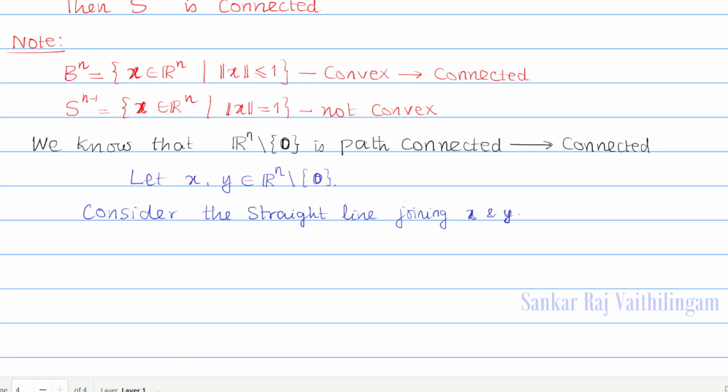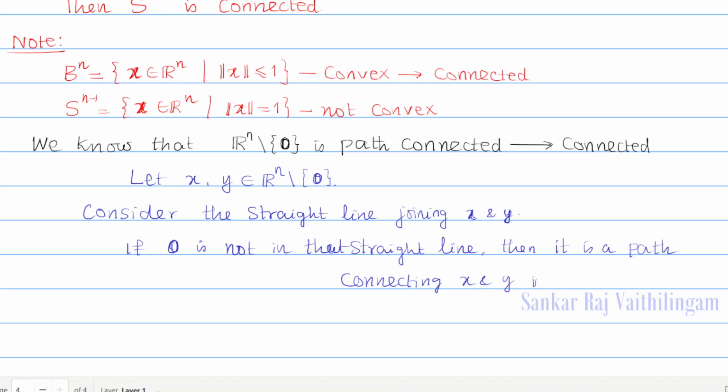If 0 is not in the straight line, then it is a path connecting x and y in Rn set minus singleton 0.